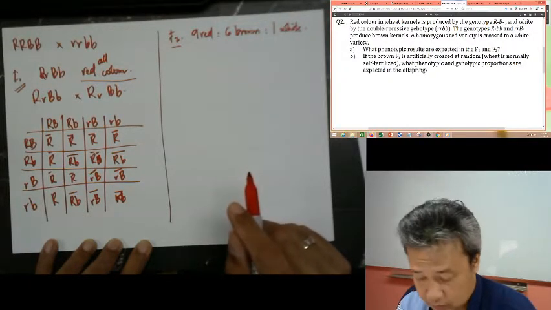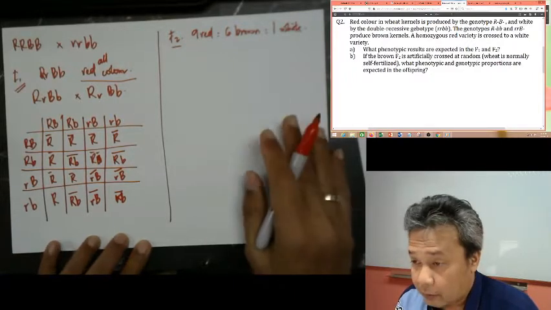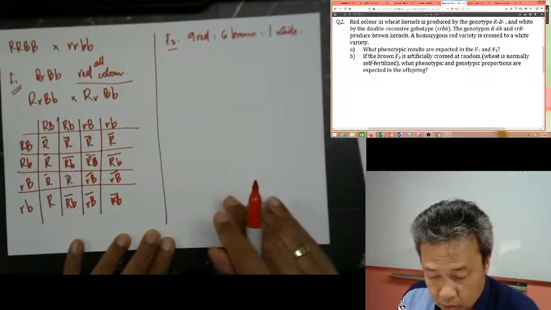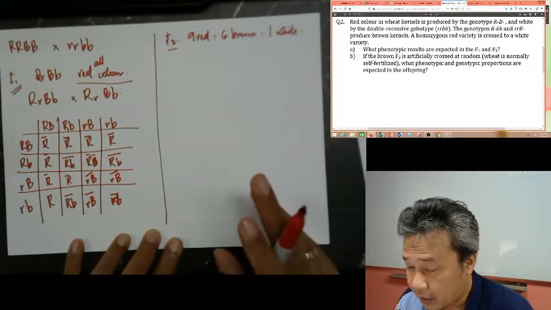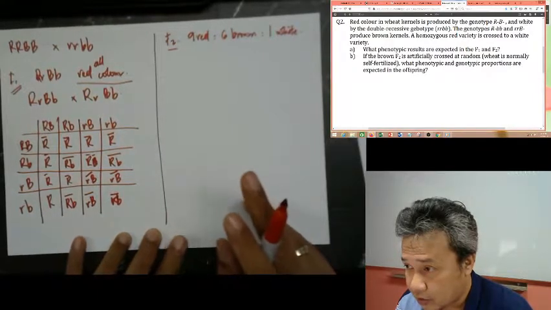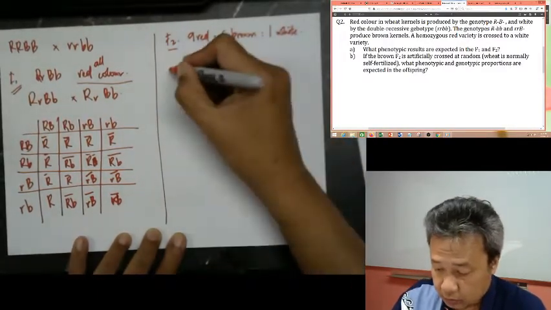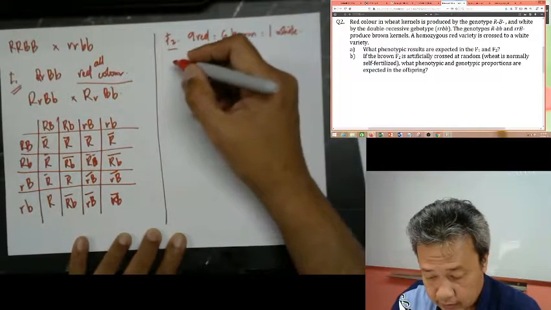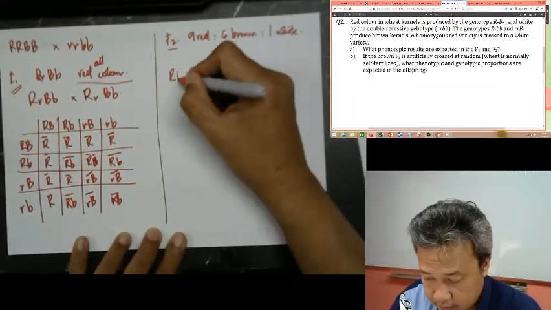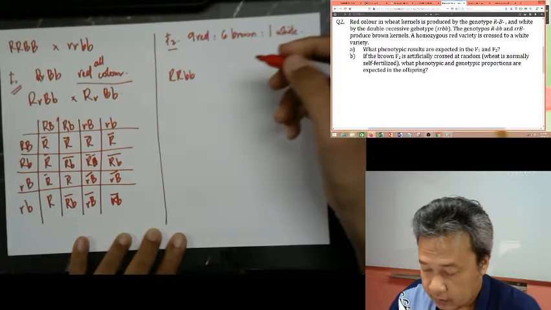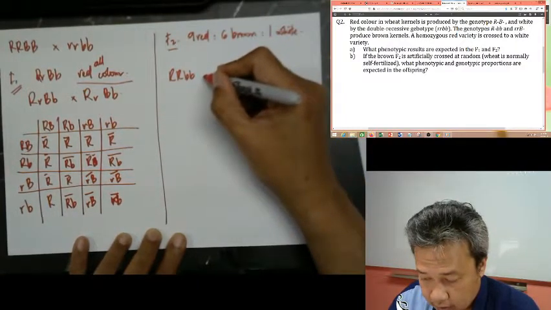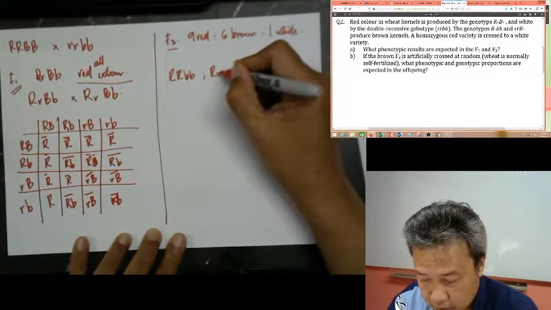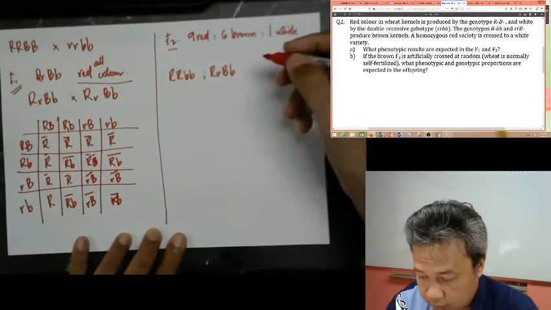Wow. So for part B, there'll be quite a bit to do, because it says if the brown F2 is artificially crossed. So what are the 6 brown F2s? You will have big R, big B, and then you have big R, big B, small b.